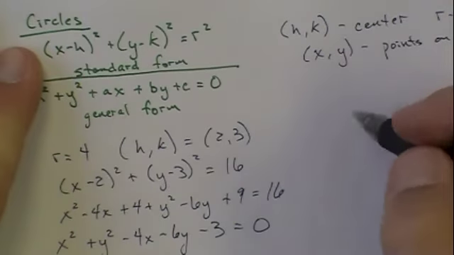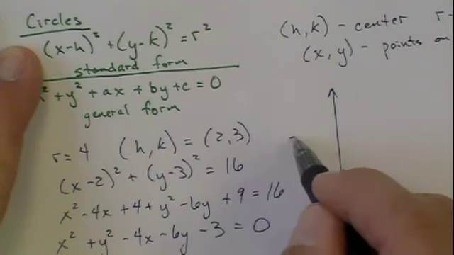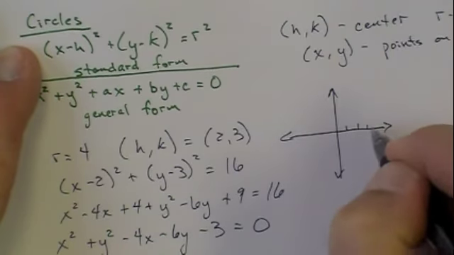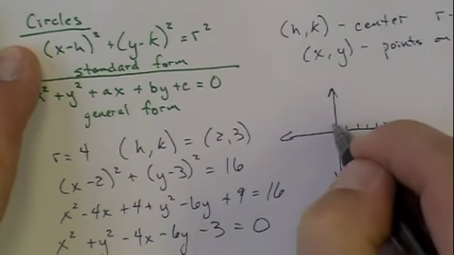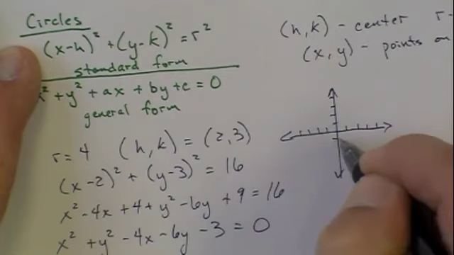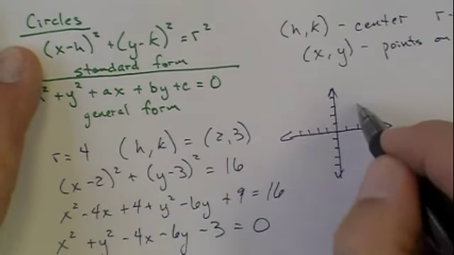Now if we wanted to graph this, we know we have our center at 2, 3, so I go over 2, up 3.